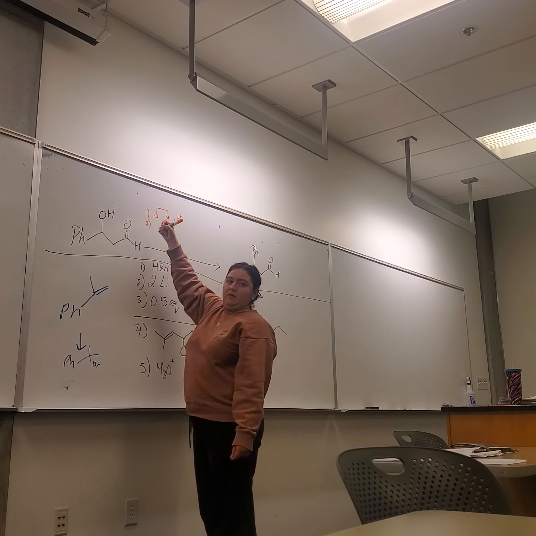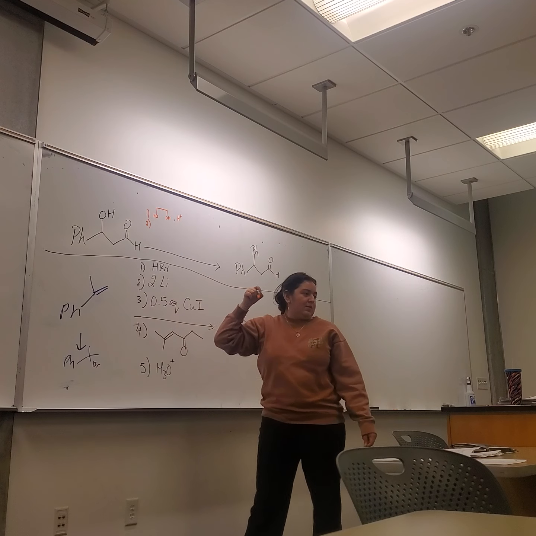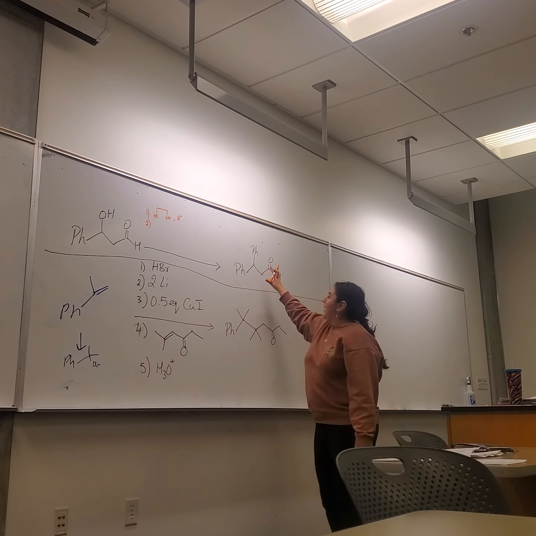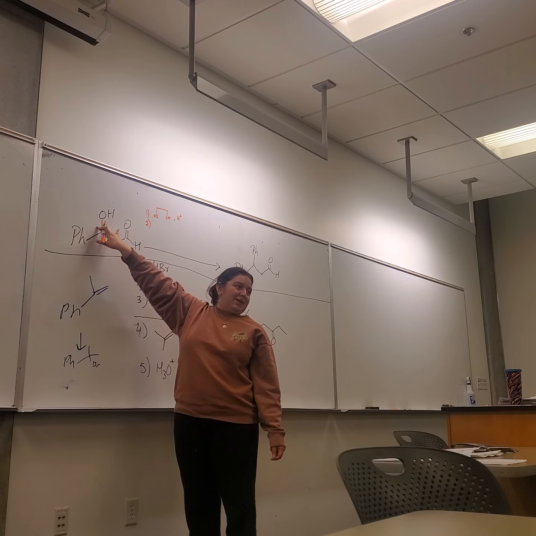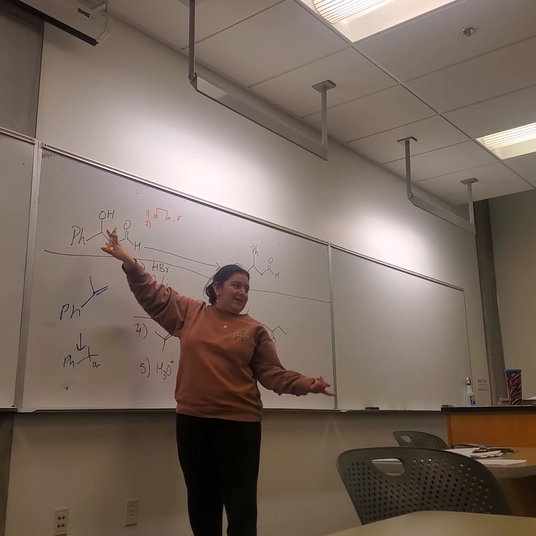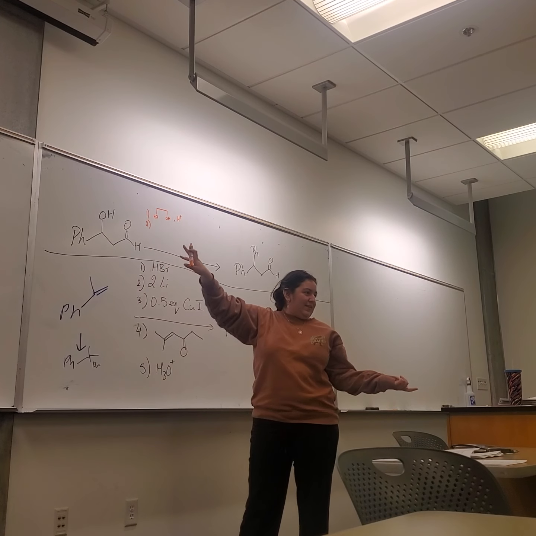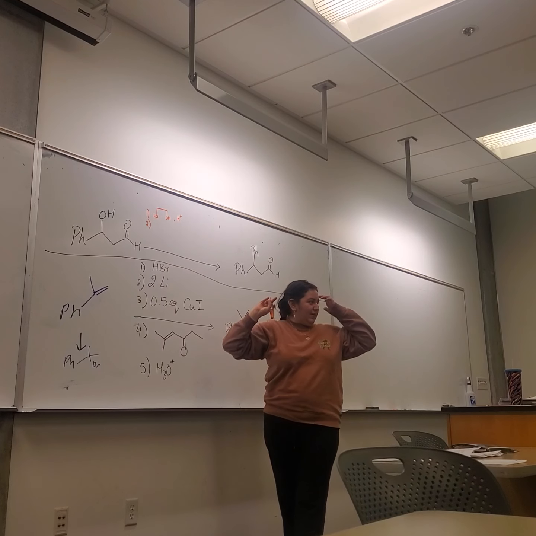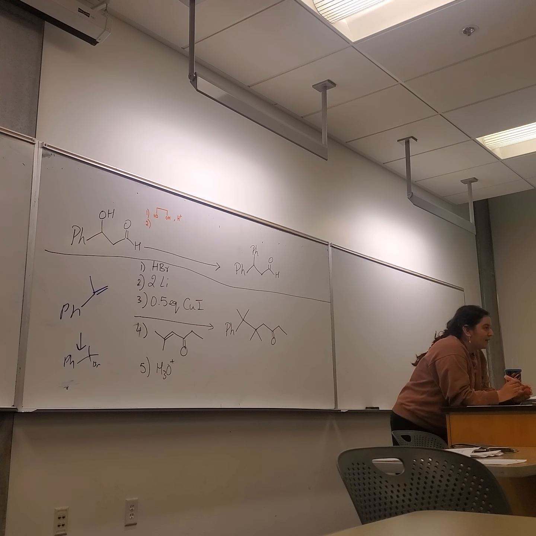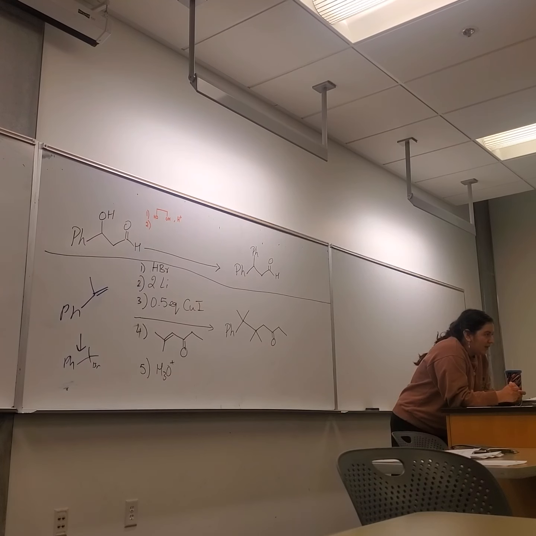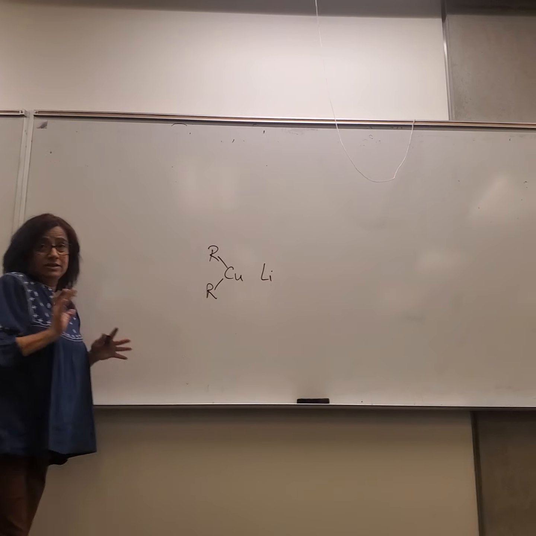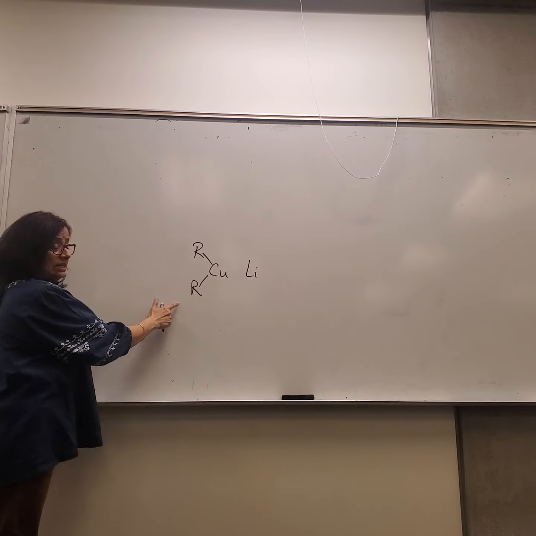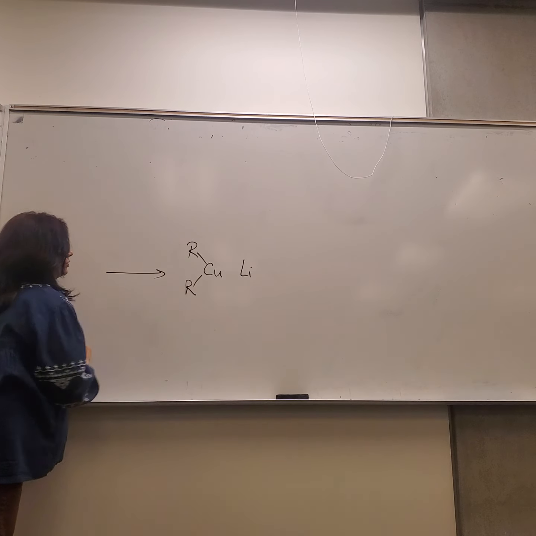I'm kind of lost on the 0.5. Half equivalent means, if I have 2 moles of this, I need 1 mole of it. If I have 1 mole of this, I need half of it. It's stoichiometry. In order to make this a good leaving group, how many R's do we need? 2. How many Cu do we need? 1.